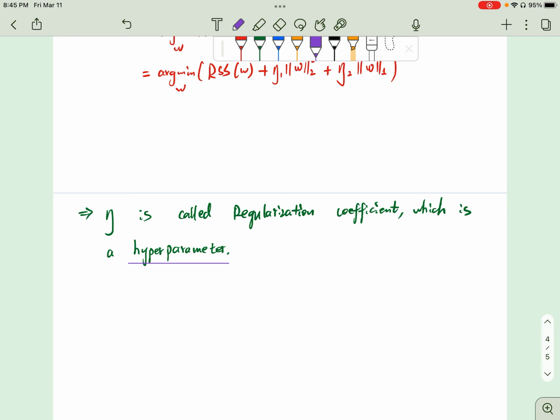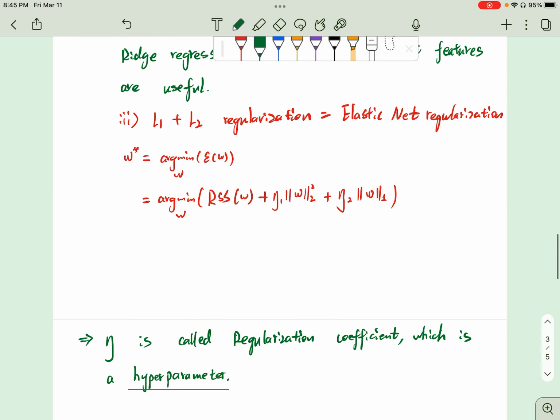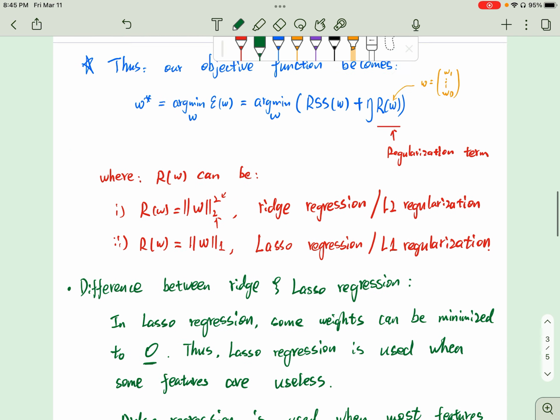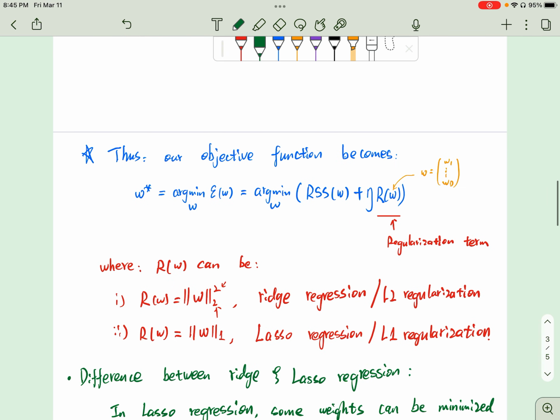And let's see what values eta should take. Let's see if eta here is 0, this regularization term is gone. And what is left is just a normal linear regression. We want to just minimize the error, the residual sum of squares.